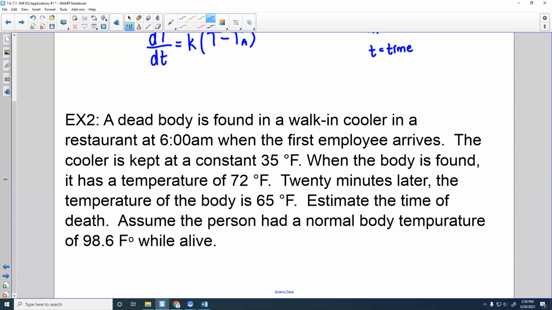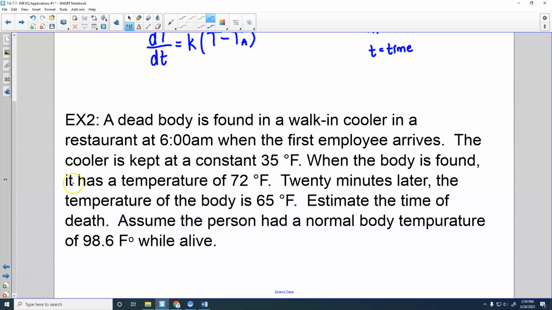Also, once the body hits ambient temperature, you can't really use this anymore because it's not going to drop more. It could have been at ambient temperature for an hour or a day or 10 days. So at some point you have to start looking at the breakdown of the body. But if you find somebody pretty quick, this could be used to figure out when the person died.